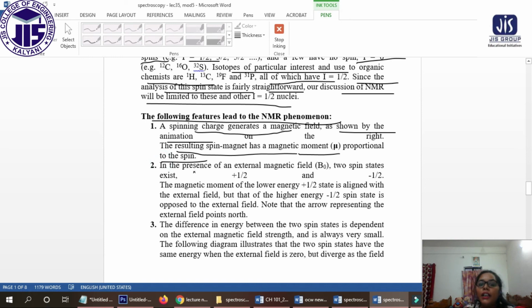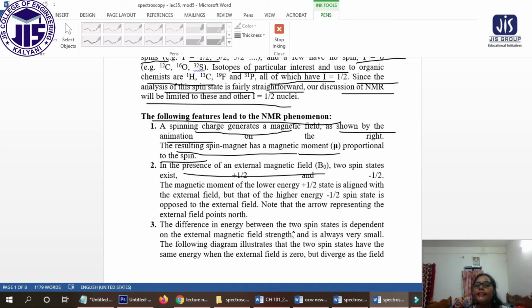Okay, in the presence of an external magnetic field, if we apply some external magnetic field, that is B0, two spin states exist. One is plus half and the other one is minus half.